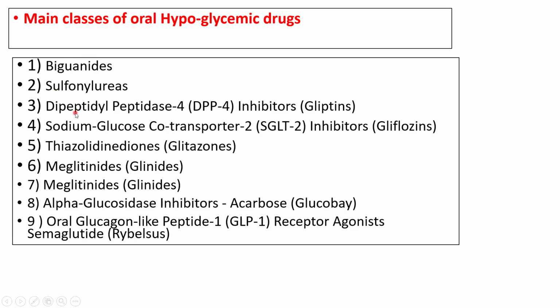For example, next is dipeptidyl peptidase 4, short form DPP4 inhibitors. Inhibition means to stop some activity. Stopping the activity is an inhibitor, and the other is a stimulator. What they are stopping, I will explain afterwards.